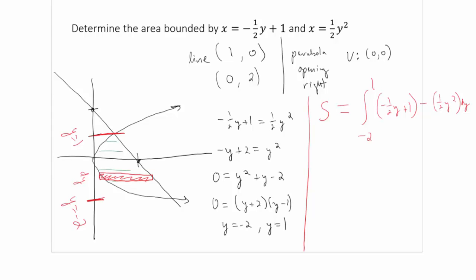You go through all the calculations. Look, it's the same techniques. You're just integrating with respect to y instead of x. It's nothing different. And you go through all this, and that area is 2.25.